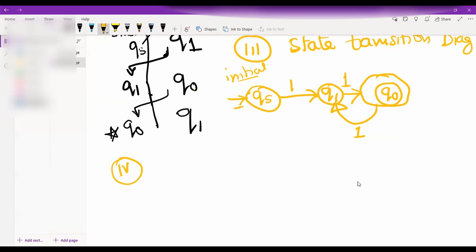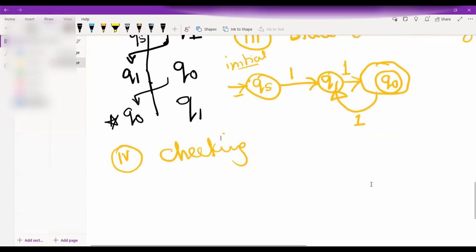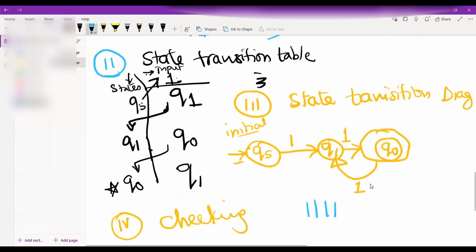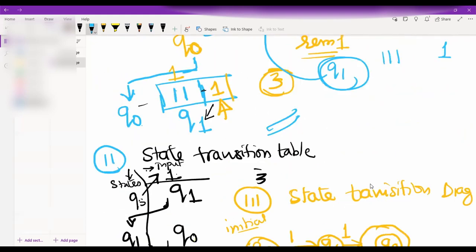So that is the checking. How are we going to cross-check? We will take one input that we have not previously considered. So let us take one string, number four, that we have not considered while designing our machine using the TCS method.